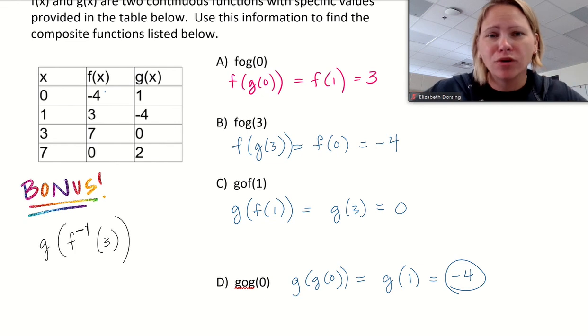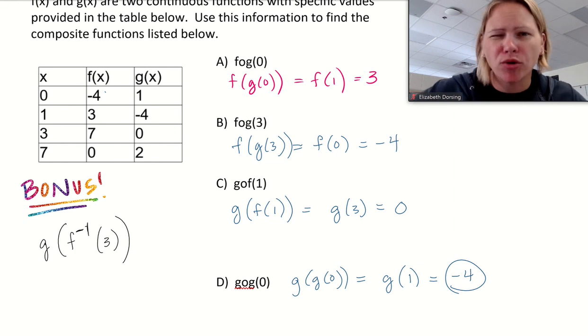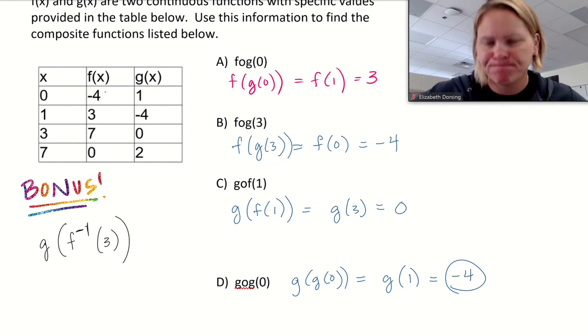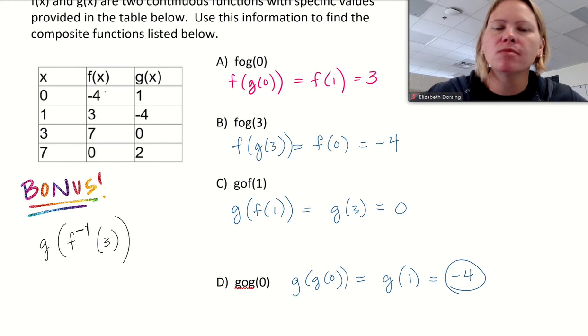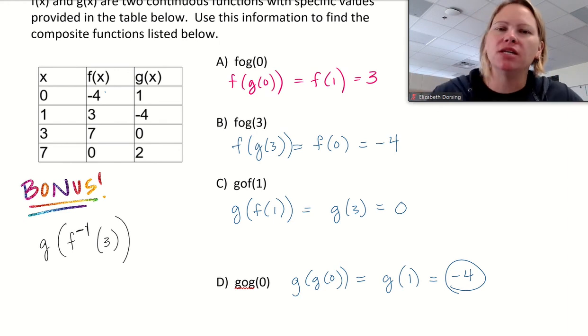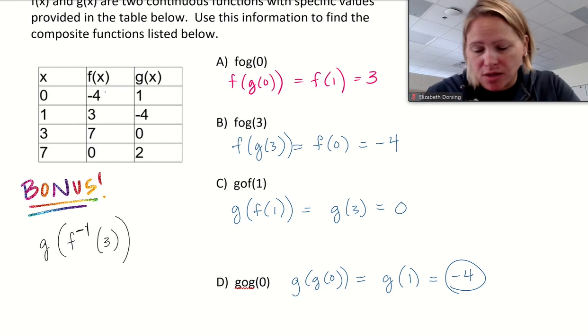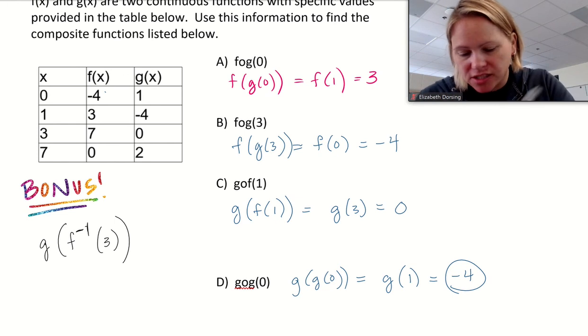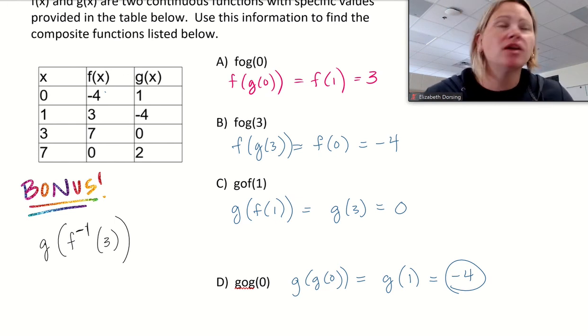Now I have one more for you, and this is going to be kind of a bonus question. g of f inverse of 3. Well, let's think about this. Remember I said earlier that an inverse function exchanges the domain and the range. So if f inverse of 3 is happening, then what this actually tells me is that when I plug in a value into my original f equation, I got 3 as my output.